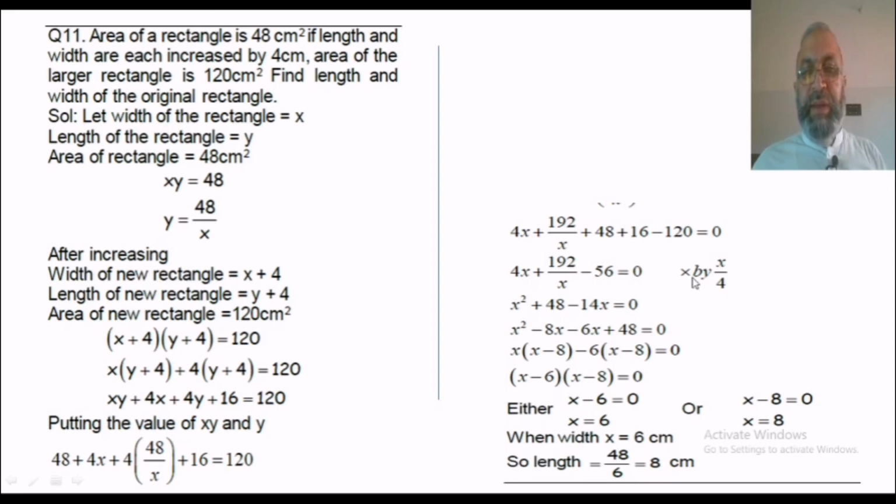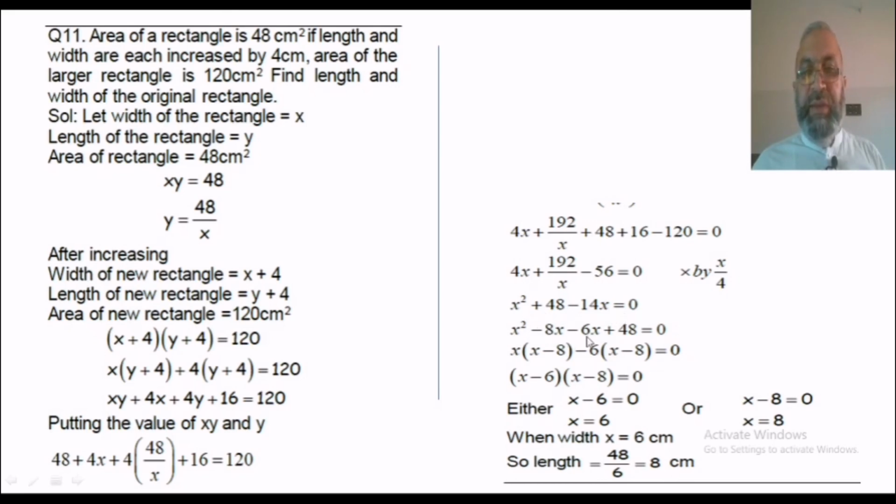Now multiply each side by x by 4 to remove this. 4 cancels, and we get x square plus 48 minus 14x is equal to 0. Or in standard form, x square minus 14x plus 48 is equal to 0.